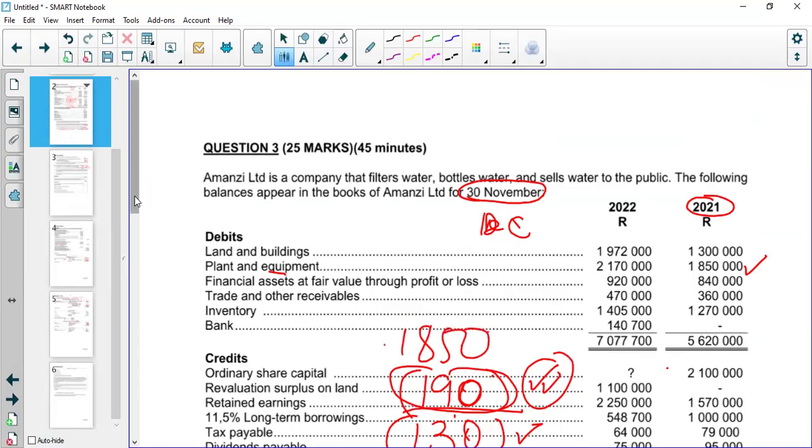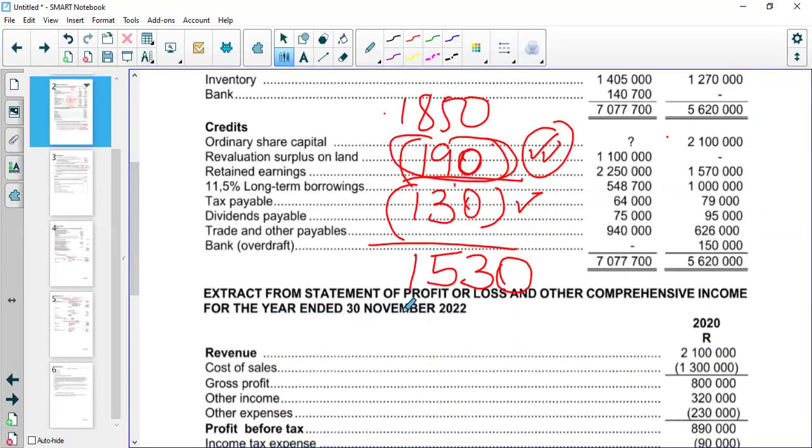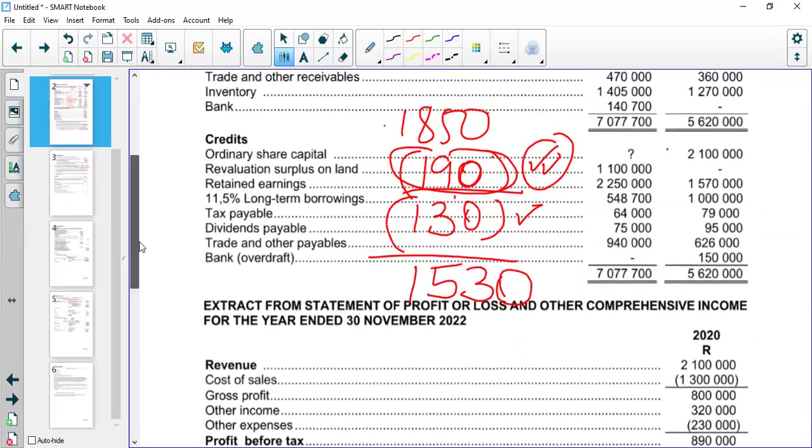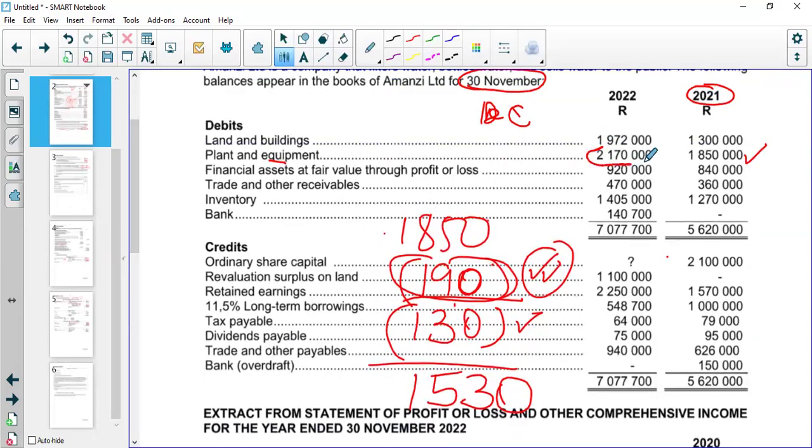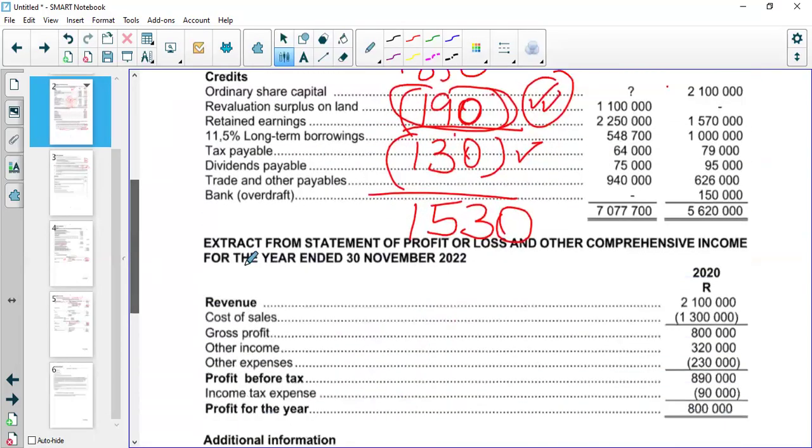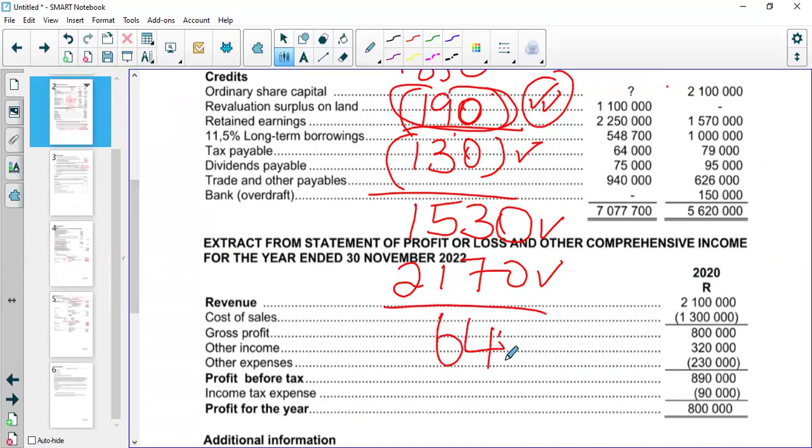So we should be having 1,530, but we actually have 2,170. Which means that this is the additional that we bought. 2,170 minus 1,530 gives you 640,000. This is the amount we need for expansion.